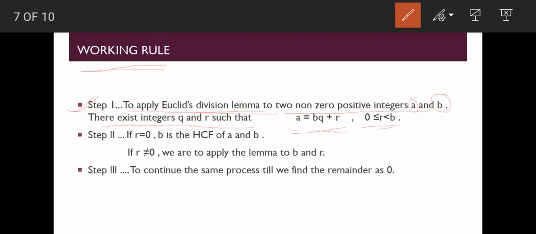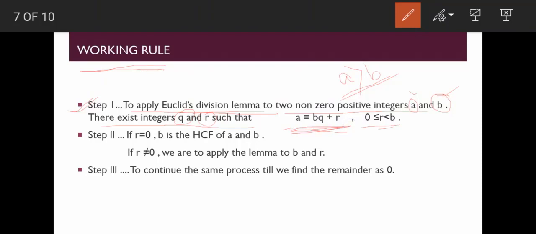That means two positive integers a and b will be given to us, where a will be greater than b. We have to choose the bigger number and a smaller one. For these two numbers we shall be getting two more integers so that they can be arranged in this format.